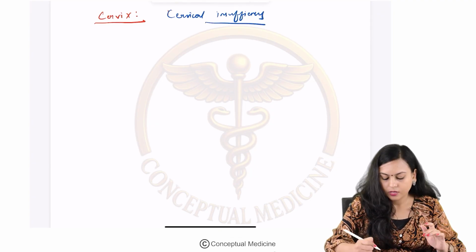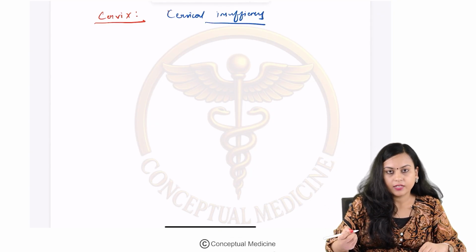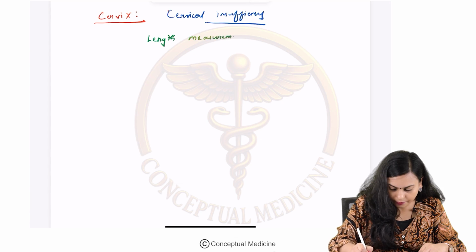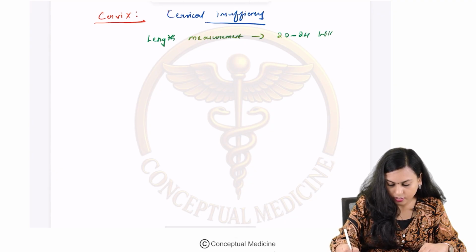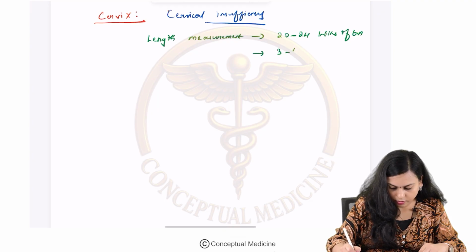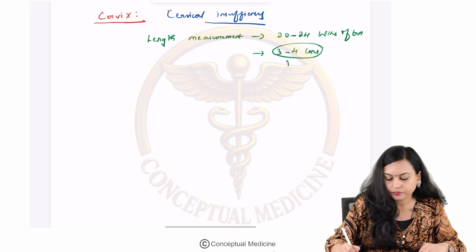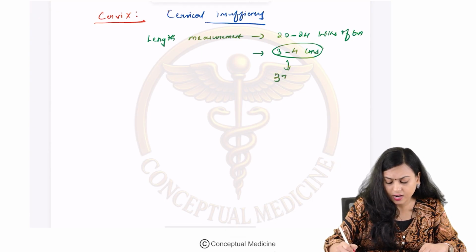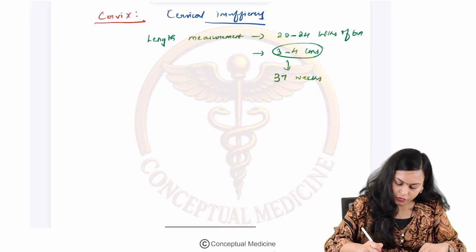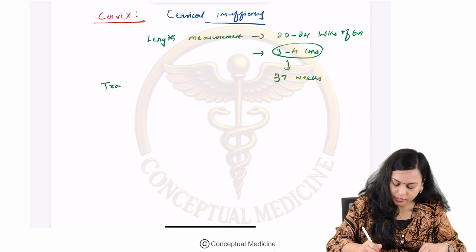Now remember, cervical length measurement is usually done between 20 to 24 weeks of gestational age, and it will be around 3 to 4 centimeters, and this will continue till at least 37 weeks. Clear? Now, usually cervical length is measured by a transvaginal approach.